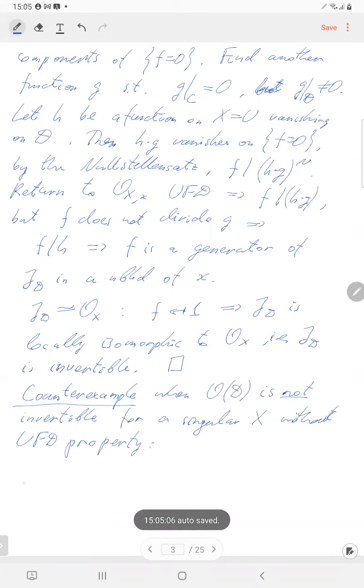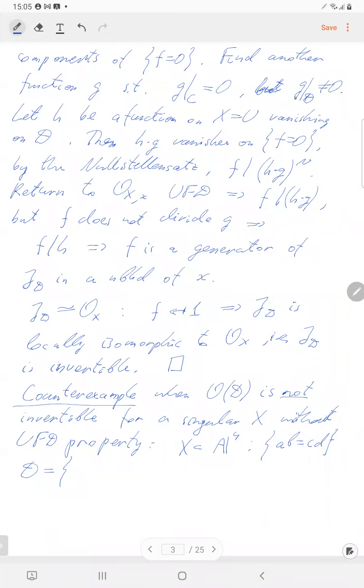So X will be a hypersurface, three-dimensional hypersurface in A4, cut out by a single equation, namely AB equals CD, just a singular quadric. And it's three-dimensional, so a divisor D will be two-dimensional, and it will be given by, maybe now somebody can suggest this bad divisor.